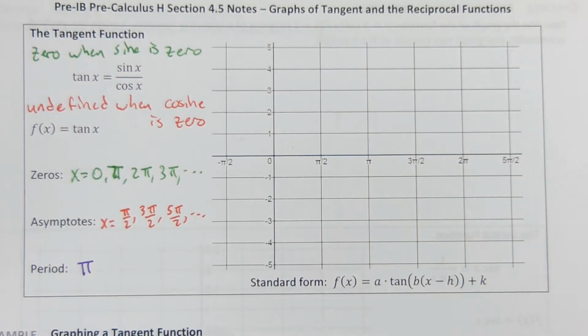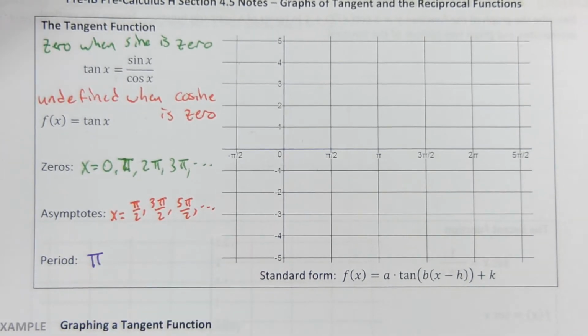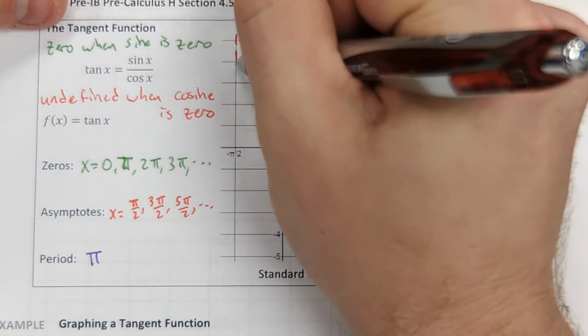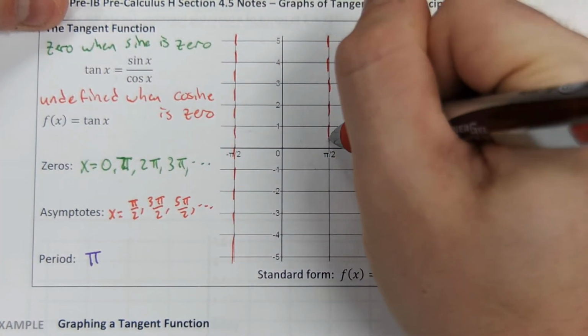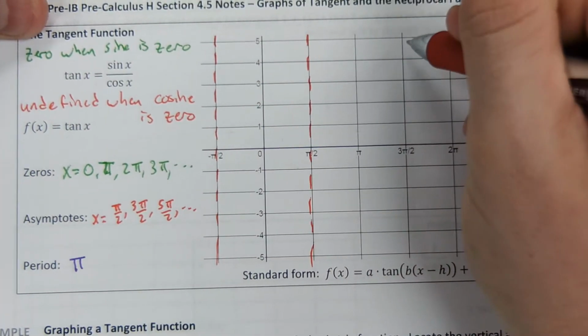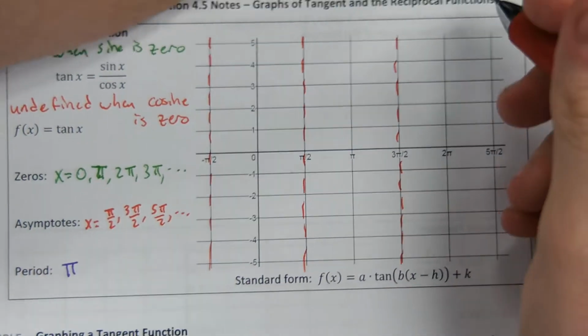All right. Let's put asymptotes at all of the odd multiples of pi over 2, sorry.